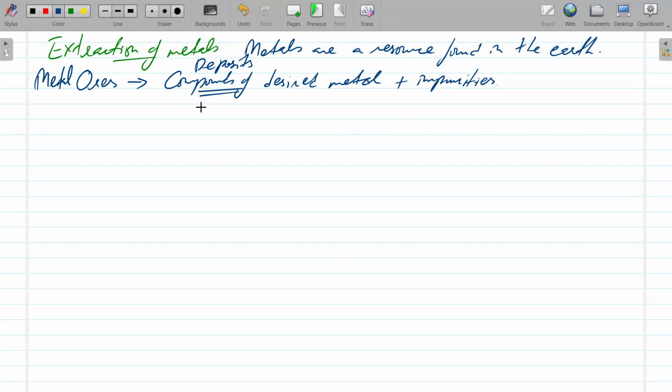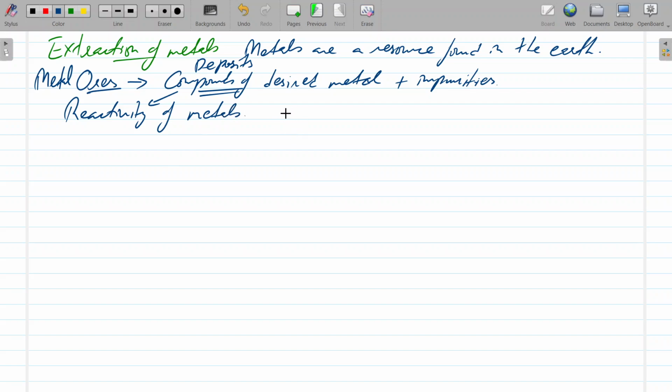Now, why are they present as compounds, these ores? That's basically because it depends again on the reactivity of the metals.